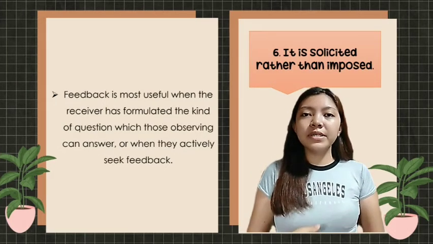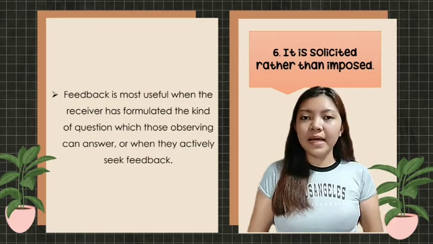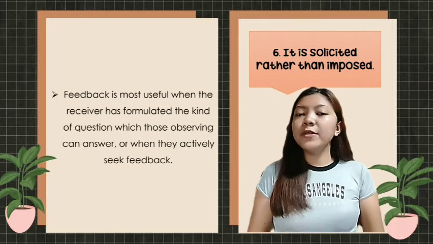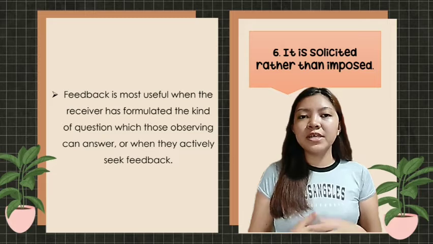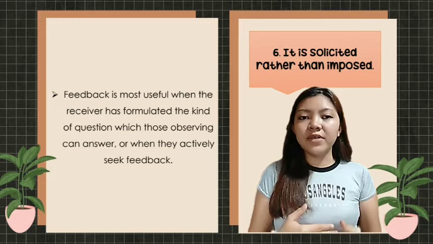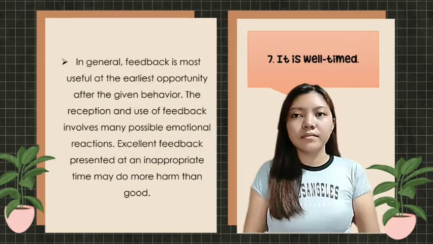And the sixth characteristic of constructive feedback is it is solicited rather than imposed. Feedback is most useful when the receiver has formulated the kind of questions which those observing can answer, or when they actively seek feedback.